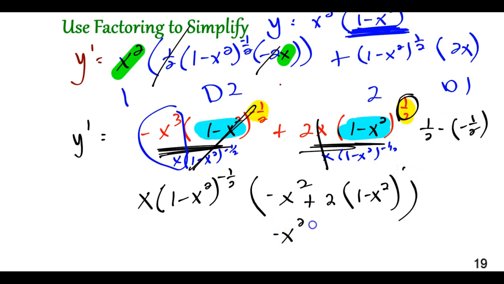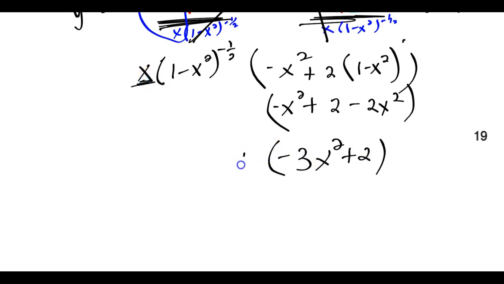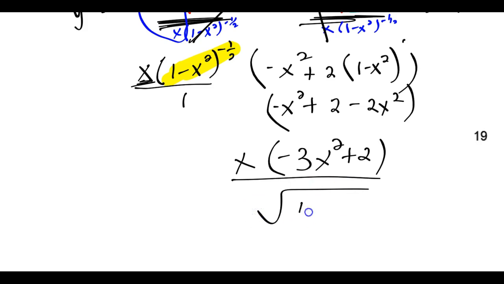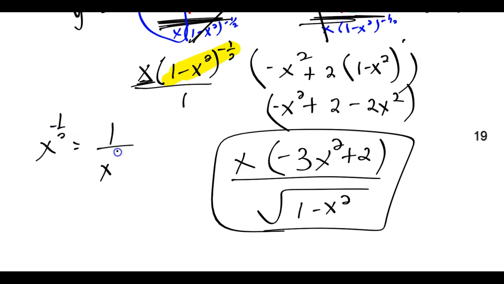So this is negative x squared plus 2 minus 2x squareds, which is negative 3x squareds plus 2 times this x, and then this guy has a negative exponent, so instead of writing that thing in the numerator, which it is, I'll throw it in the denominator and make it back to a square root. Because x to the negative 1/2 equals 1 over x to the 1/2, which is 1 over the square root of x.